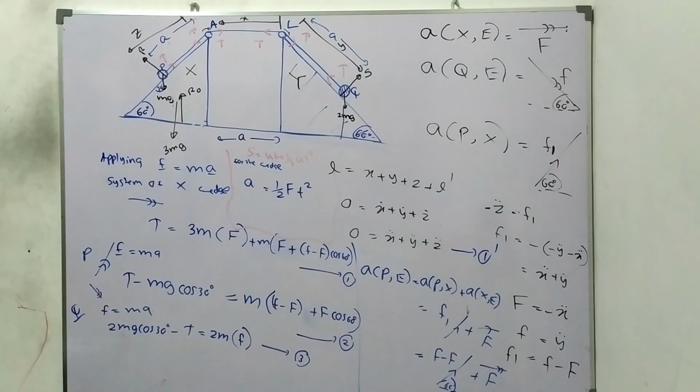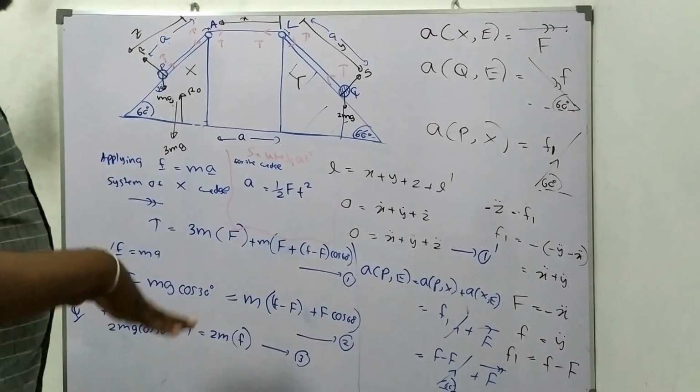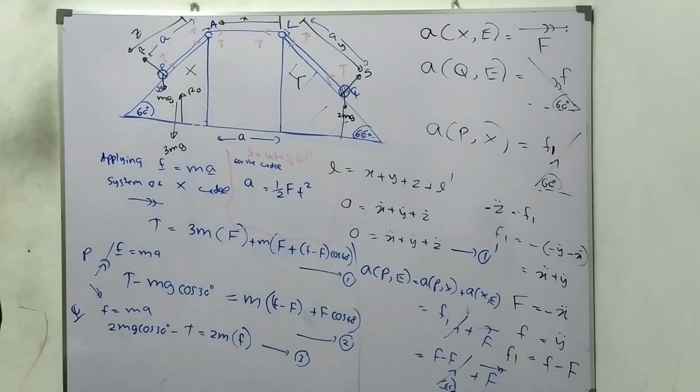So actually capital F can be found with these three equations, right? So this is the 2019 paper, that is what they expected. I will show you how the marks are given, right?